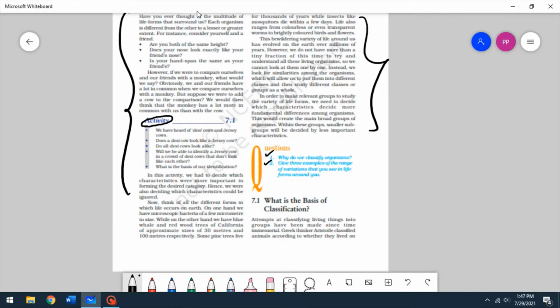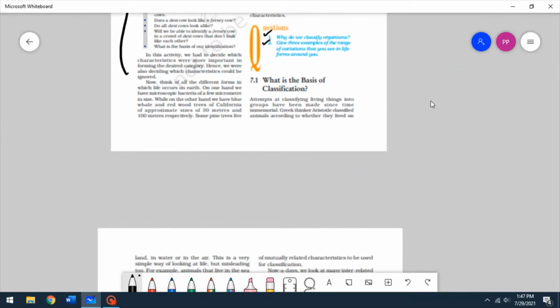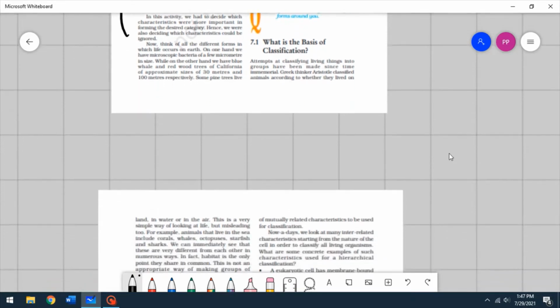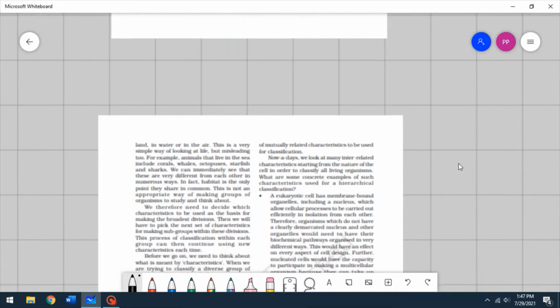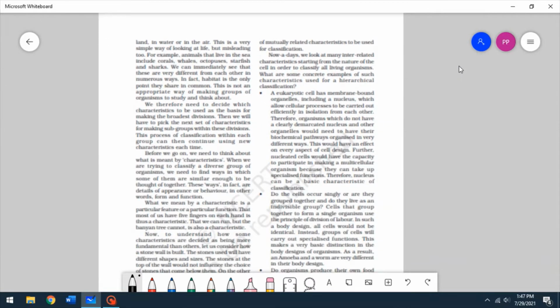Alright, so the first topic that we're going to start with is, what is the basis of classification? So attempts have been made at classifying living things into groups. There have been many ways of classifying them. Alright, so there was a Greek philosopher and thinker named Aristotle who classified animals according to whether they lived on land, in water, or in the air.